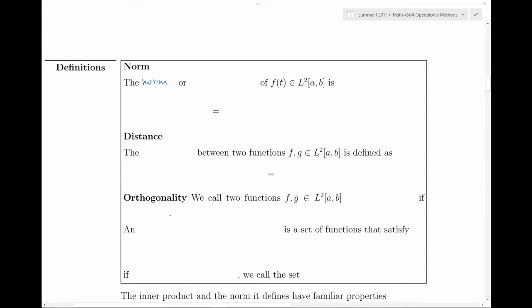So the norm, or a magnitude, of a function f is just a square root of an inner product of a function with itself.